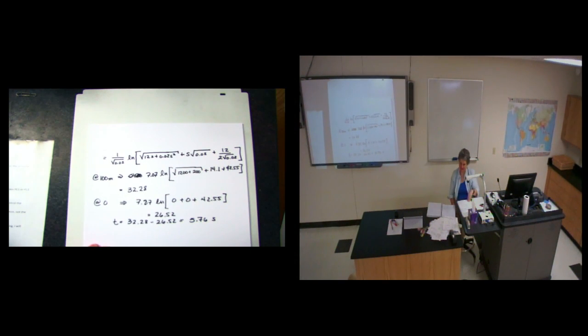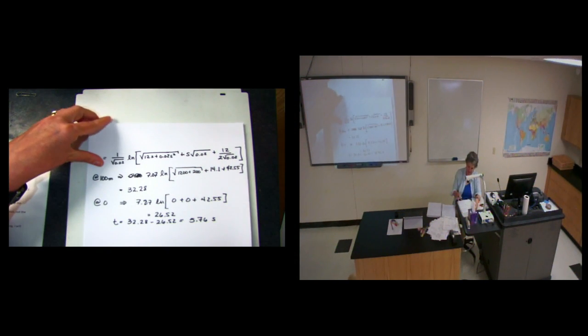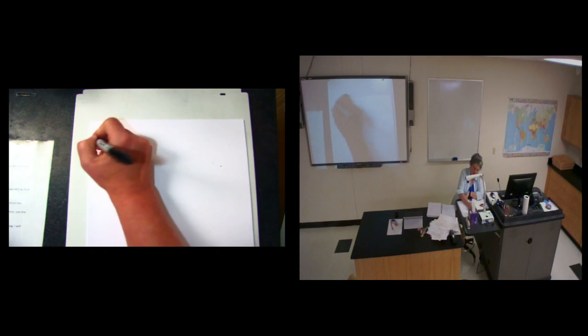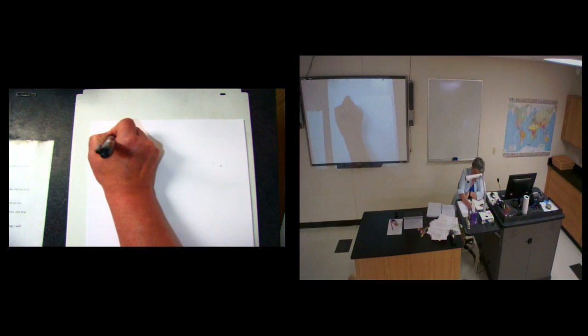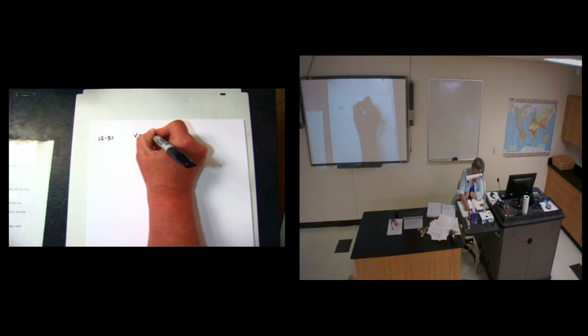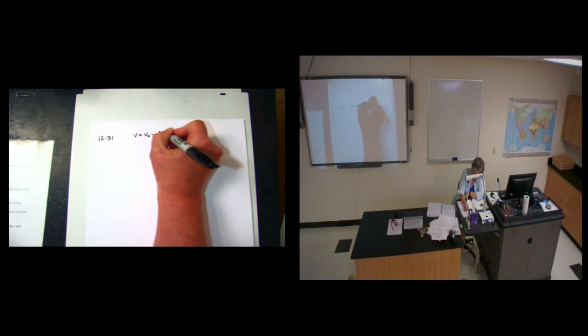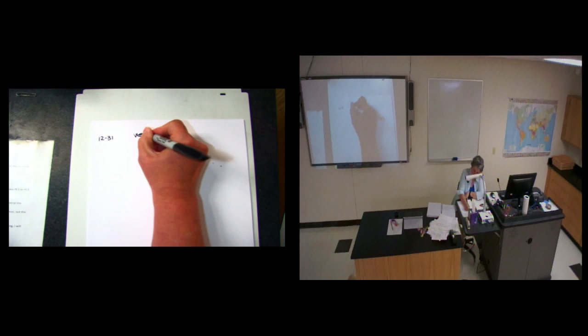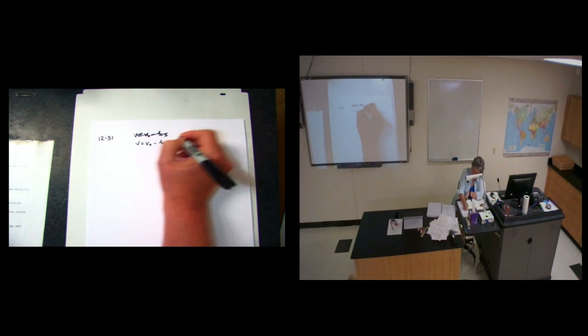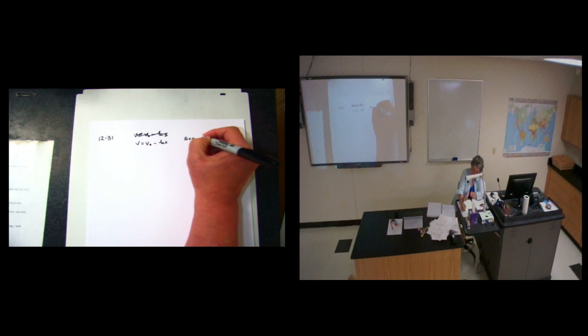So some reminders, I'm not done. Even though I have a function, I'm not done. I have to clean it up. So recall the rules of natural logs. Natural log of x over y is equal to natural log of x minus the natural log of y.